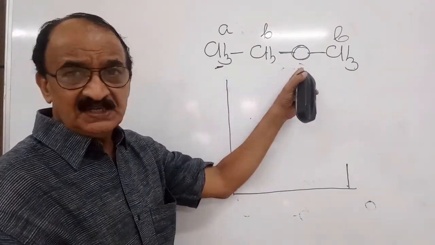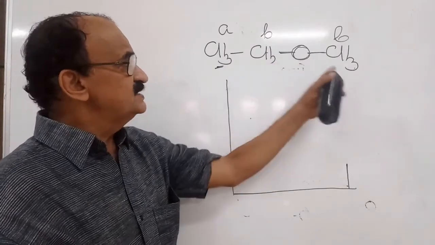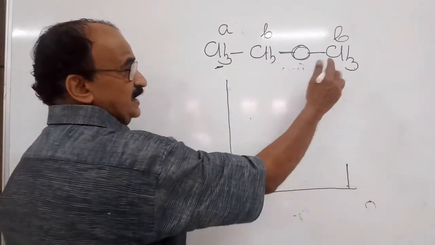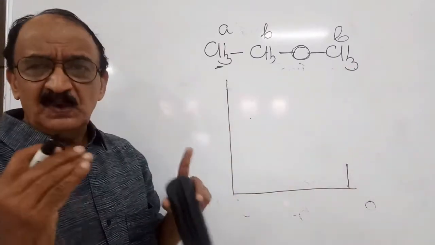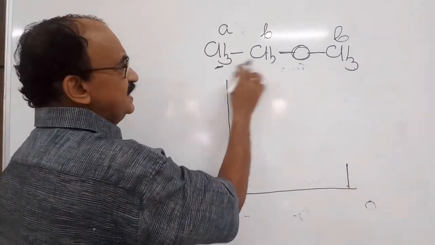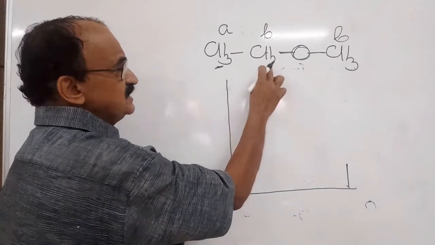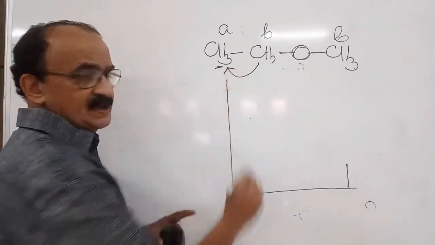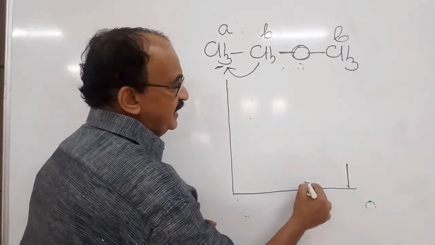You forget about the oxygen. These are the neighbors. Right? For the time being, you need not consider the B. You take only the immediate neighbor. What is the immediate neighbor? Immediate neighbor is B.